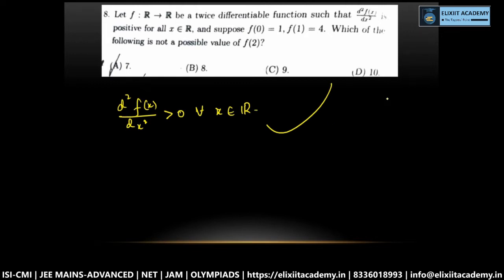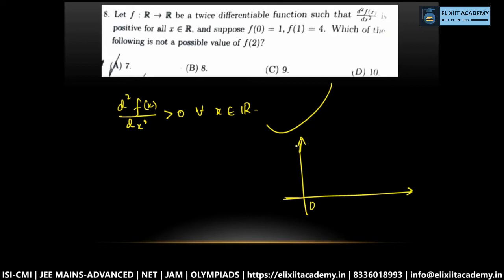And a few more pieces of information are given. We can draw the curve and see. Let's just draw a rough sketch of the information that's given. So basically f(0) is 1 and f(1) is 4.